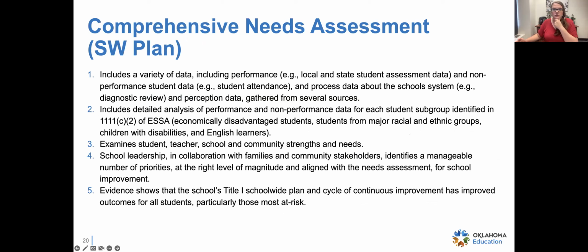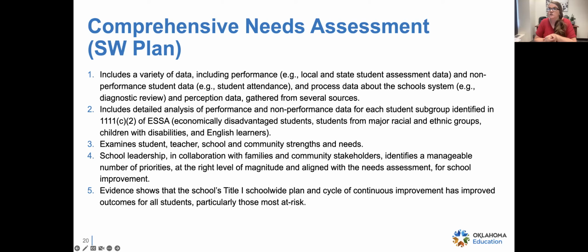So we want to ensure that you are using a variety of data. That might include performance data or testing data, non-performance data like attendance and discipline, and that you have a process to go through that data. So you want to include a detailed analysis of the performance and non-performance data.